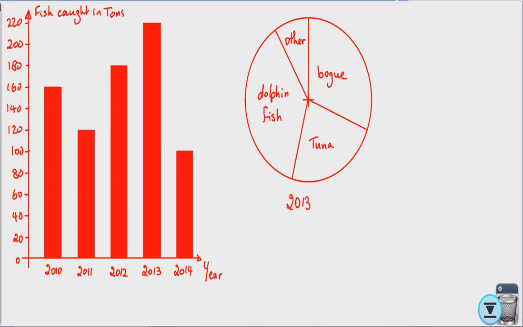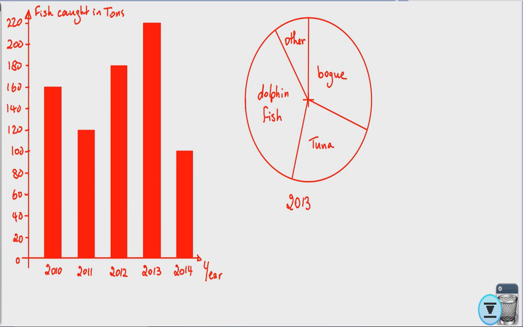So, for example, let's look at this picture here. We have two types of charts here. We have a bar chart, a bar graph, and we have a pie chart. The bar graph shows the fish caught in tons in the years 2010 to 2014.